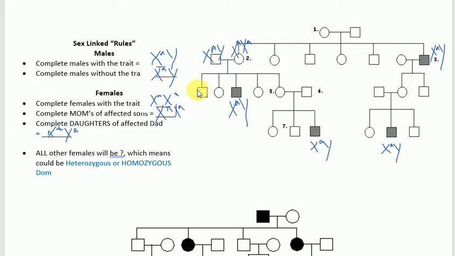We know here that this brother has to be X capital A Y because he's not affected. We cannot really answer anything about this sister or this sister.